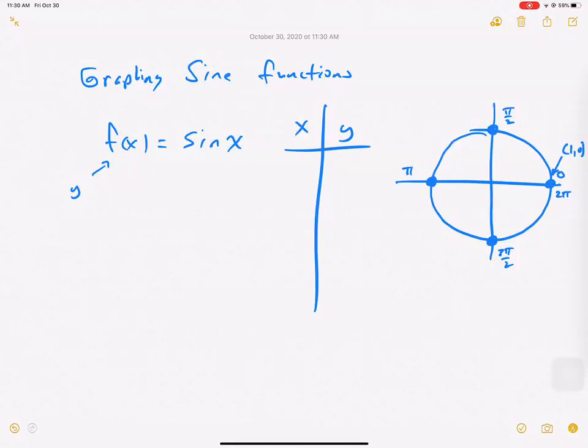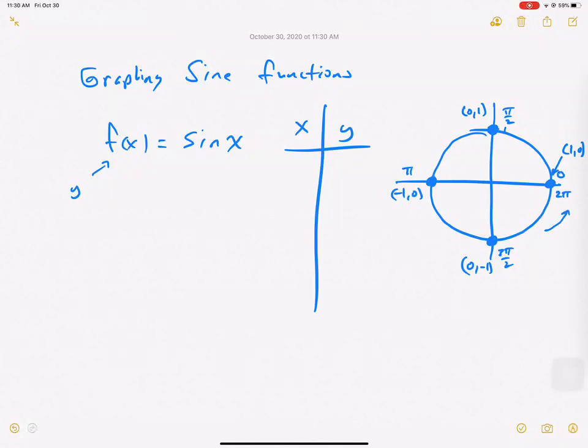And on top here, we have our 0 comma 1, x is 0, y is 1, because we went straight up. Remember, this is 1 unit, so radius of 1. On the left side is negative 1 comma 0. And down here it's going to be 0 comma negative 1. And then we go back to 1 comma 0. And the circle just keeps going round and round and round.